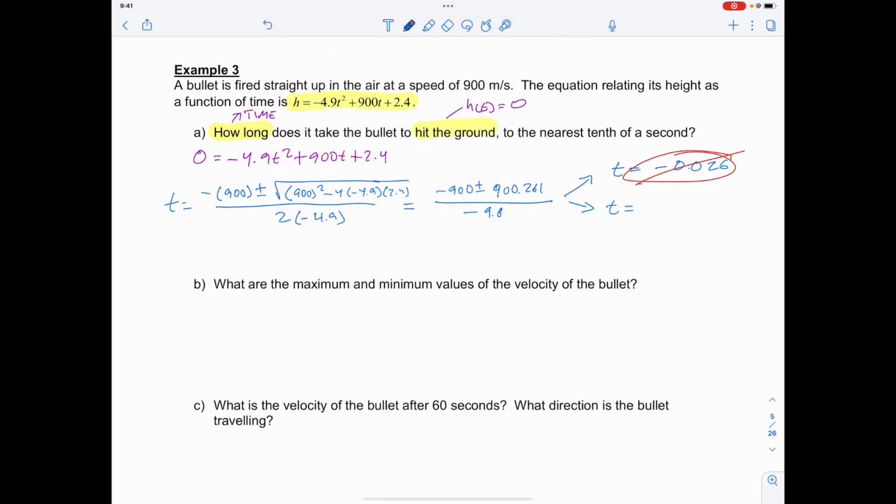It's going to be t is equal to 183.7, which is the one that's going to make sense. So I can say the bullet hits the ground 183.7 seconds after it is shot.